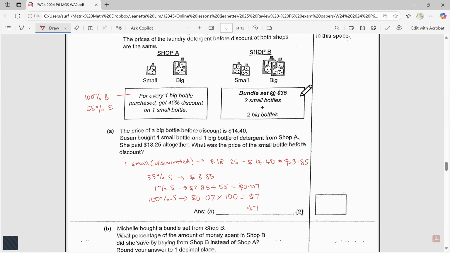So if she buys from shop A, two big and two small, it will be two times of this, because this is one big, one small. You want two big, two small, it will be 18.25 times 2, because from part A, we know that Susan paid 18.25 for that.